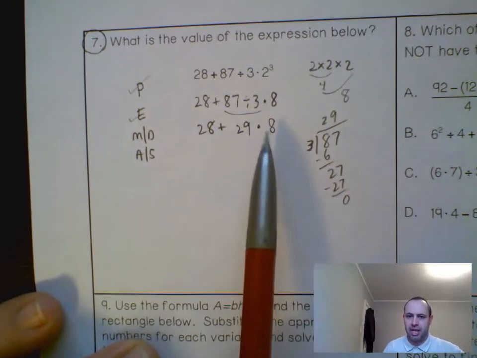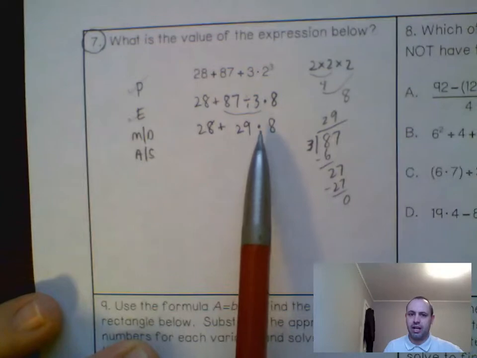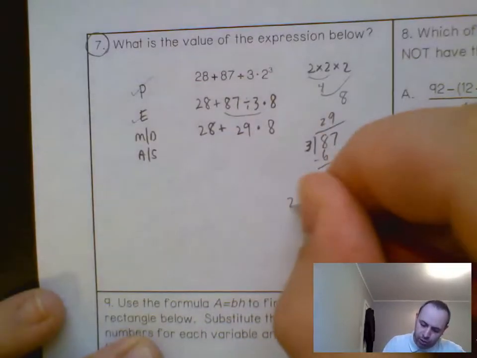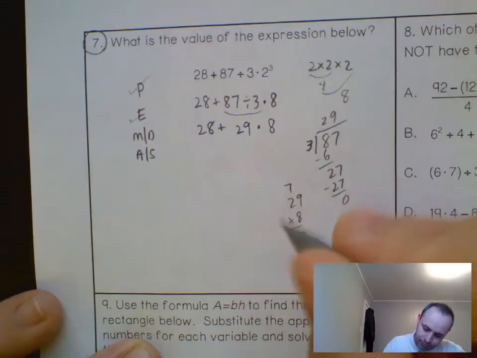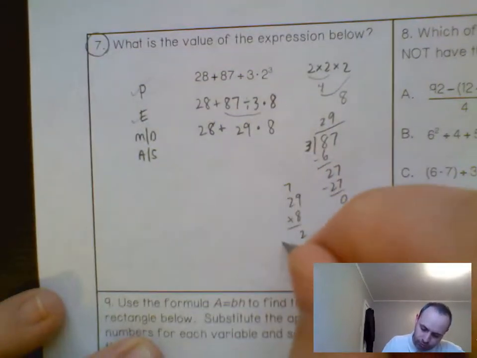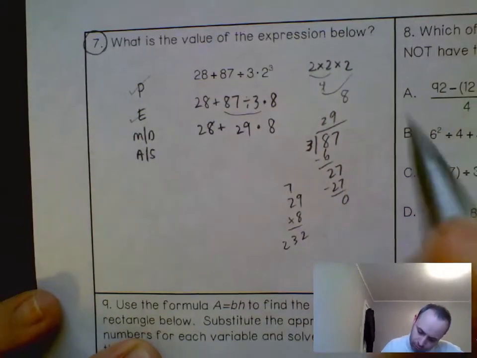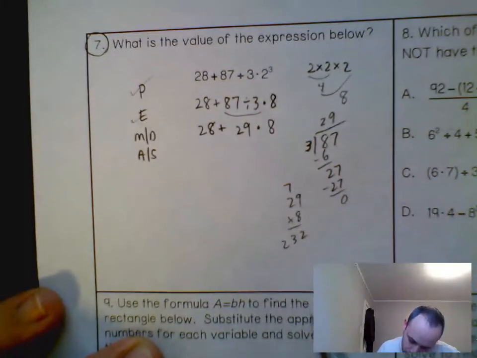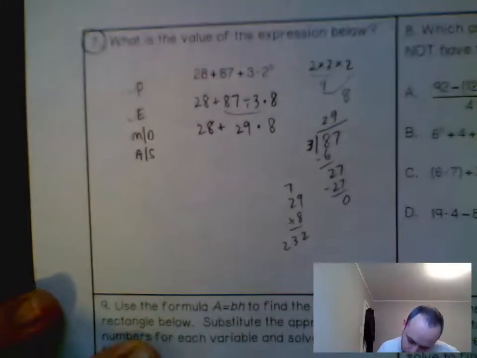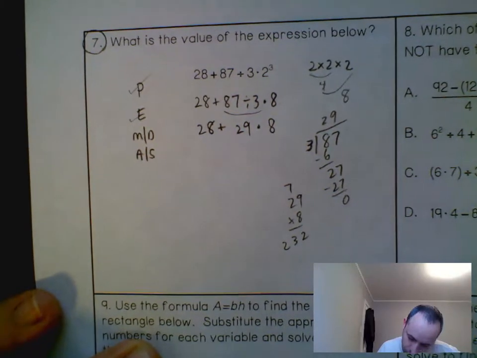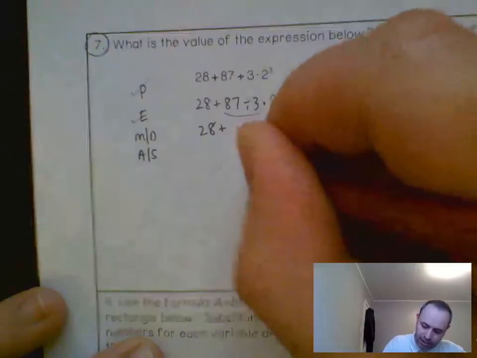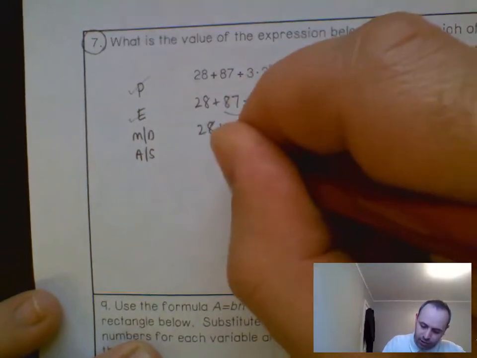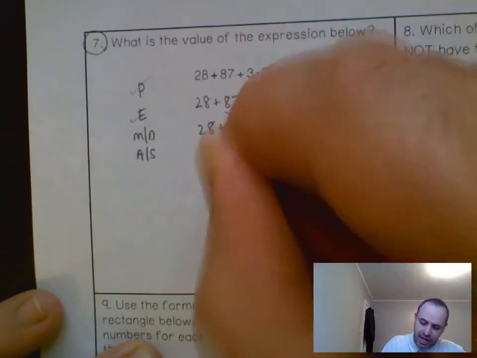There is a multiplication and division. It's this one right here, multiplication. So we'll do 29 times 8. And I'm getting 232. So this part right here is 232. We'll bring down our plus, we'll bring down our 28.